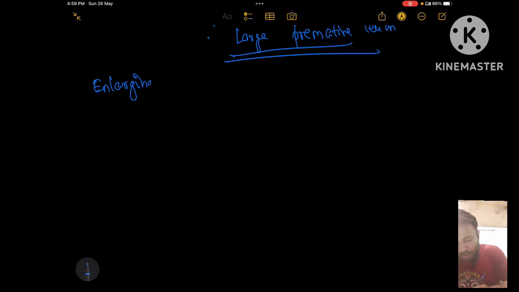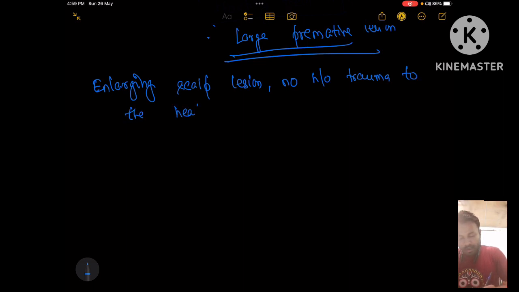Here is the MCQ. Enlarging scalp lesion, no history of trauma to the head or scalp.